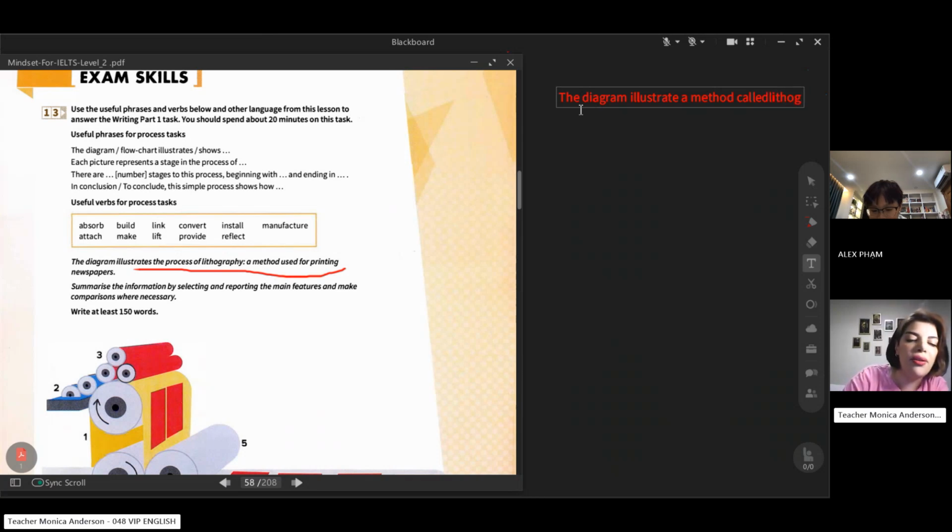So lithography. The process called lithography, and a process, as you said, used for printing newspapers.